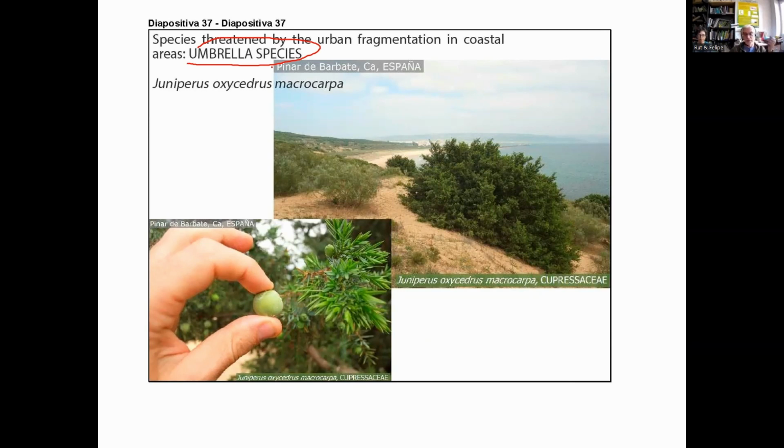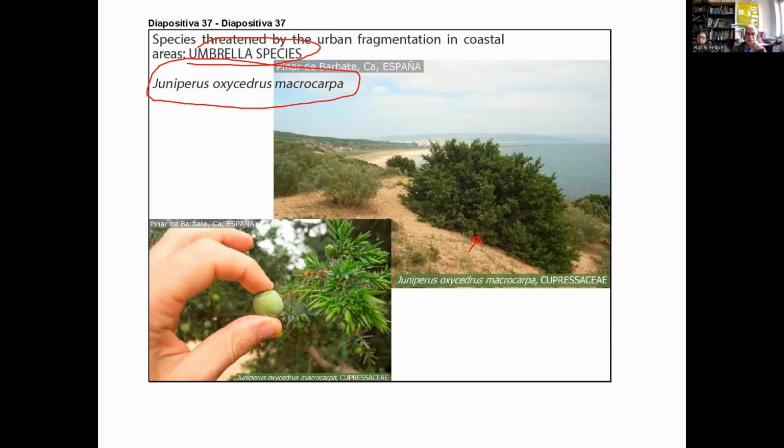So you can use this like an umbrella to protect the rest of them. And in Spain, we have this tree, how do you call this in English? Juniperus, I think. The common name is juniper tree.